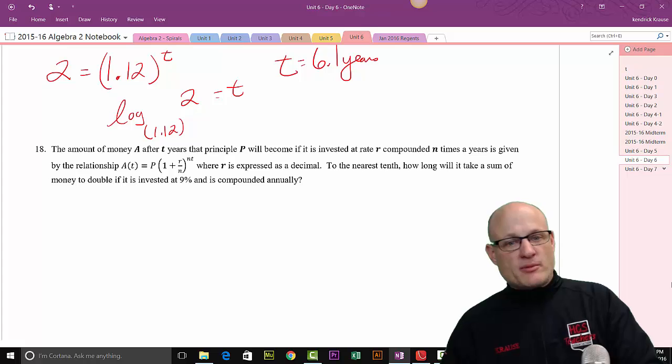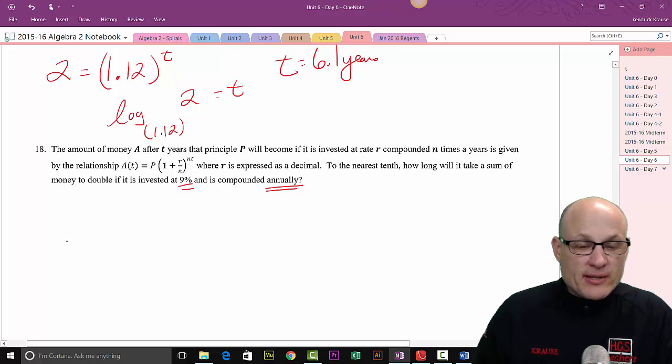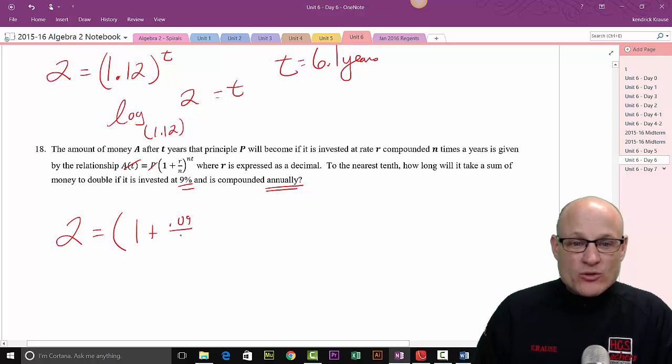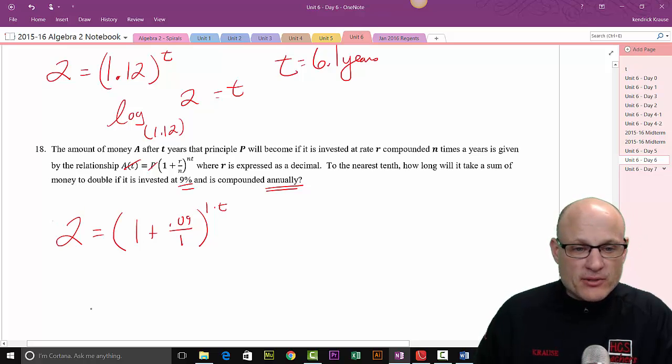How long will it take a sum of money to double if it's invested at 9% interest compounded annually? So we'll do the same thing, but now this and this are going to make a 2. So 2 is equal to (1 plus 0.09 divided by 1) to the 1 times t. Now, I could have put the 200 here and the 100 there just like I did in the last problem, but it's the same thing.